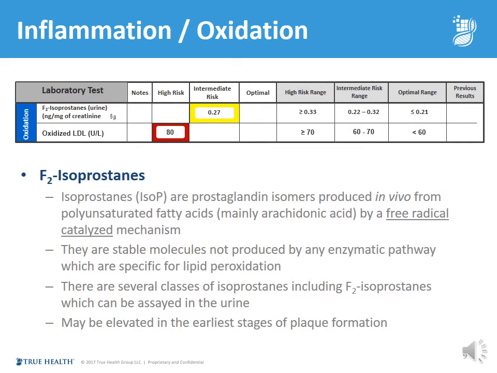And in this lab report, you see the F2 isoprostane concentration, but the LDL oxidative measurement is also abnormal. So what is the difference? Well, F2 isoprostanes is just a marker that oxidation is going on. But if the oxidized LDL biomarker is positive, you know some of those oxidative forces are attacking LDLs, which of course is very early in the atherogenic process.